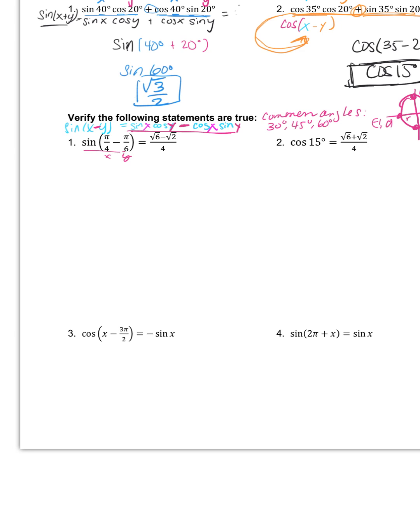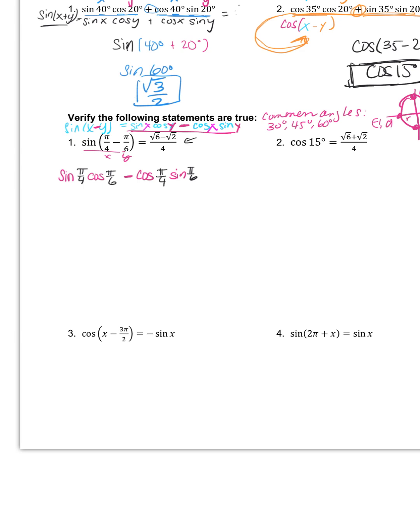So sine of x, which is pi over 4, times cosine of y, which is pi over 6, minus cosine of x, which is pi over 4, times sine of y, which is pi over 6. Again, keep working until we get to this. So all the cosines and sines must be gone because there's nothing in here.